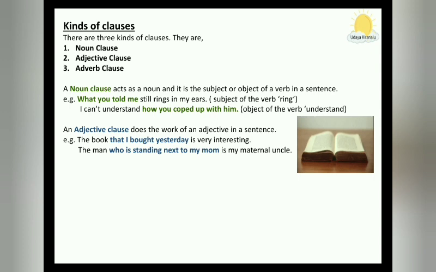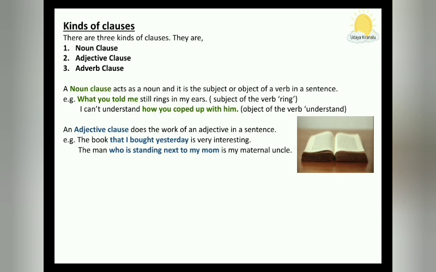These are the examples. The book that I bought yesterday is very interesting. The highlighted part, that I bought yesterday, is an adjective clause. Here it is describing the noun book. Without this clause, we can't know what book we are talking about.